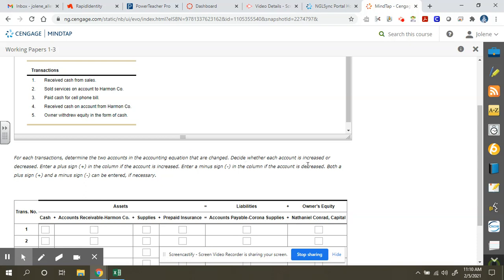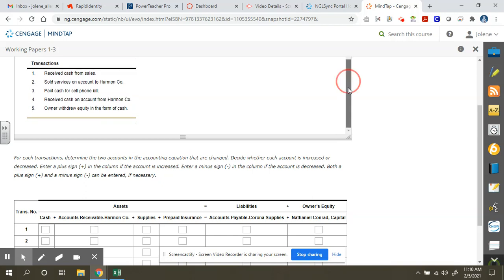Decide whether each account is increased or decreased. Enter a plus sign in the column if the account is increased. Enter a minus sign if the account is decreased. Both a plus sign and a minus sign can be entered if necessary. And we had some of those in 1-2. We had 2 assets, one exchanged for another asset. So it can happen.